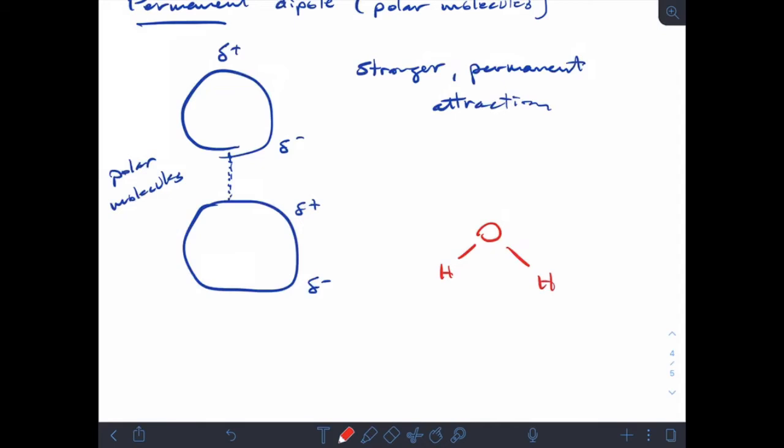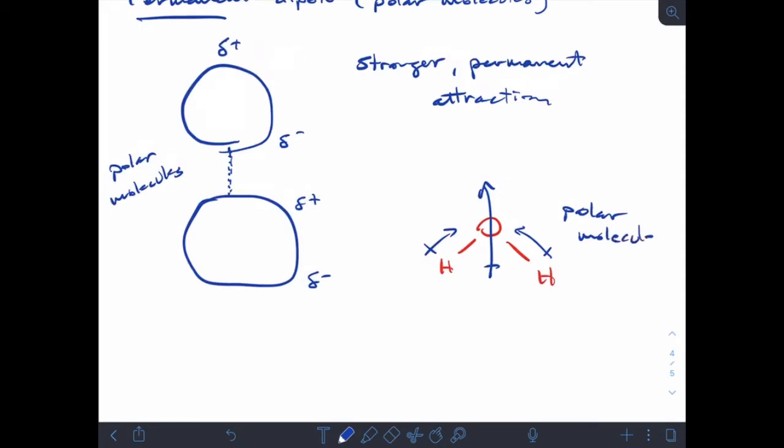Let's think about polarity and water. If I decide whether or not water is polar, oxygen is more electronegative, so it's going to pull the electrons toward it, and so I have a net pull. So this is a polar molecule. Remember that molecular shape affects polarity. Remember that linear molecules that are symmetrical are nonpolar, that sort of thing.